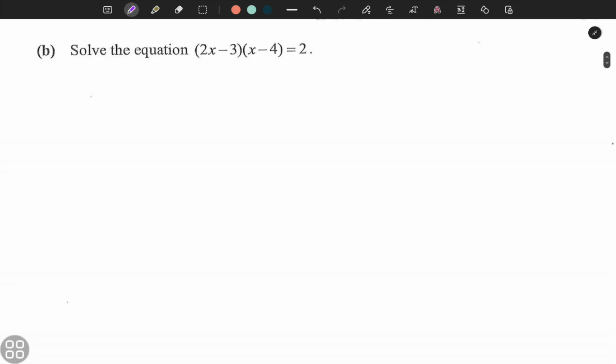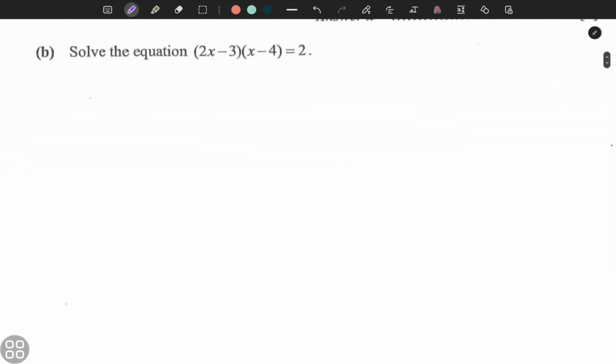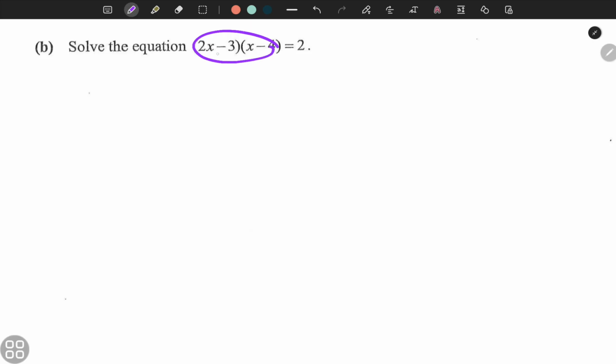Next, in part B, we are supposed to solve this equation. Basically, our final answer should also be x equal to something. So what we can first do is expand this left hand side over here.